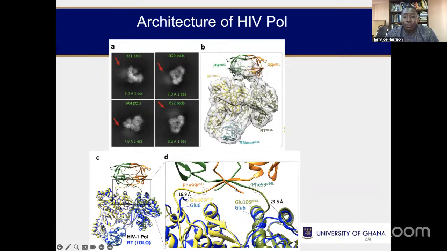In terms of the details, the protease did resemble the natural or the mature protease dimer that we know. But I wanted to pay attention to this. There's a new interface that has been created. By joining the protease and the RT together, you create a new interface here. You can see how the p51-like domain now goes to join this p66-like protease and then the corresponding p51-like.